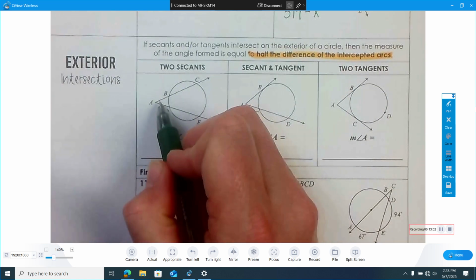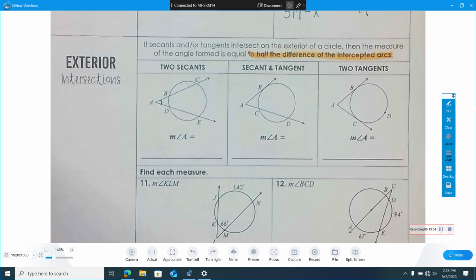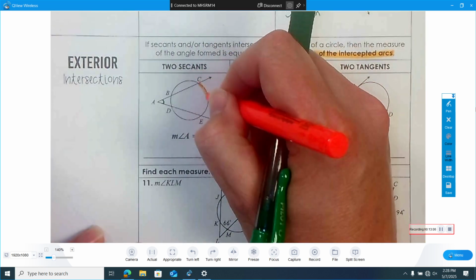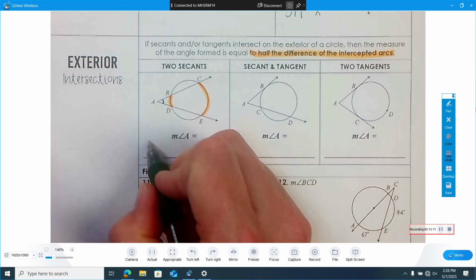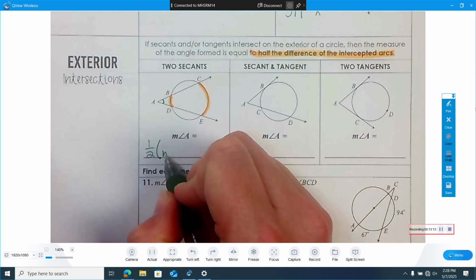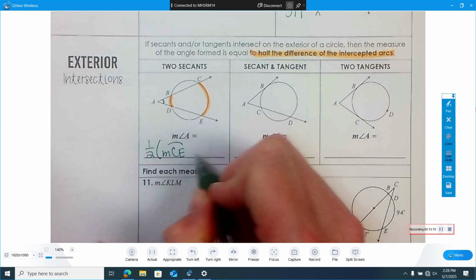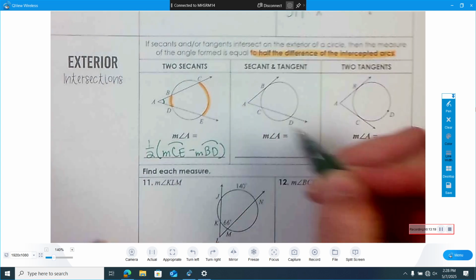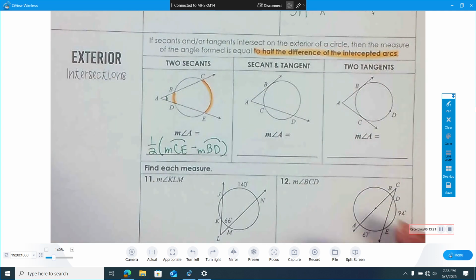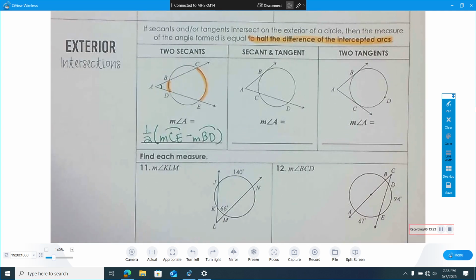So measure of angle A right here, the angle is half the difference of these 2 arcs. So 1/2 the measure of arc CE minus the measure of arc BD. It is half the difference of the arcs.